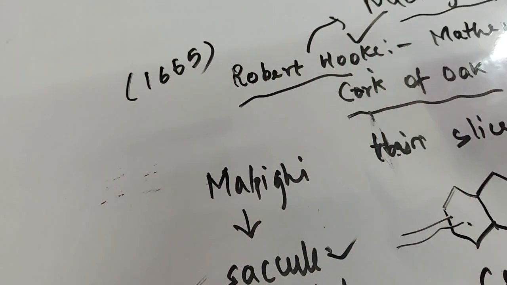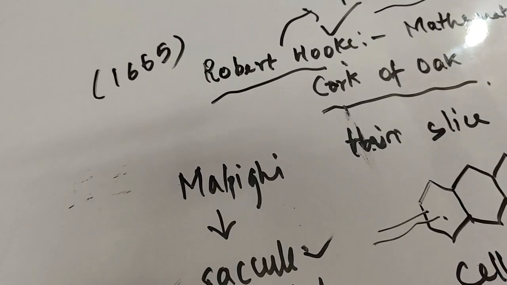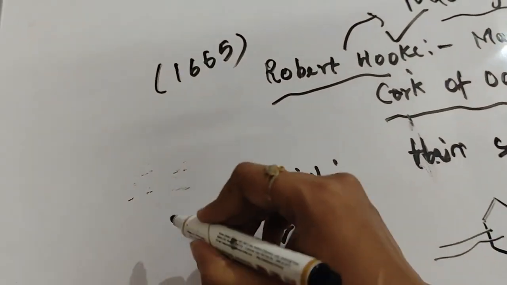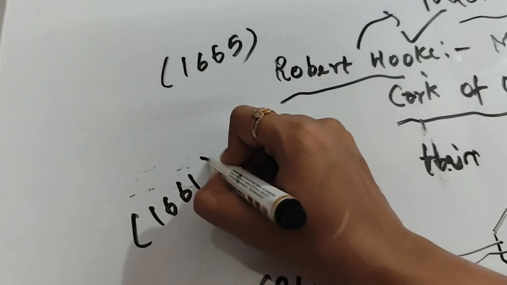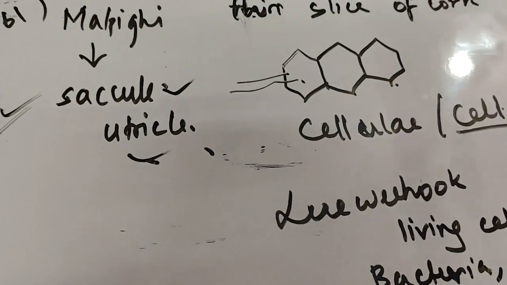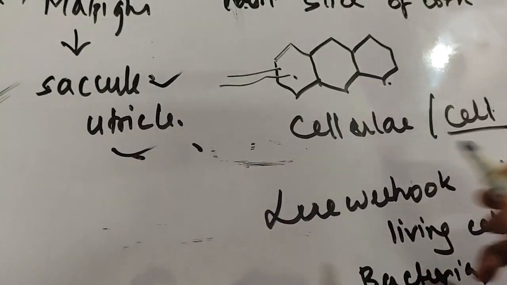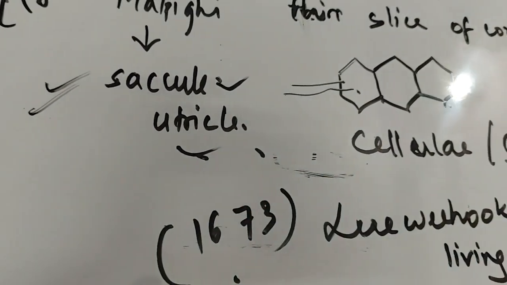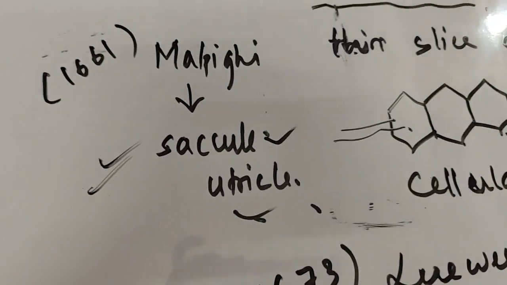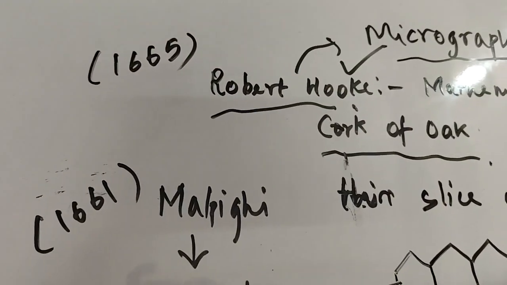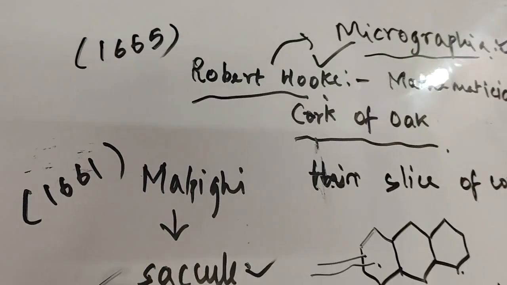He was before Robert Hooke, and it was in year 1661, 4 years before. And Leeuwenhoek was the next one in 1673 to observe living cell. And Robert Brown in 1831 discovered the nucleus.